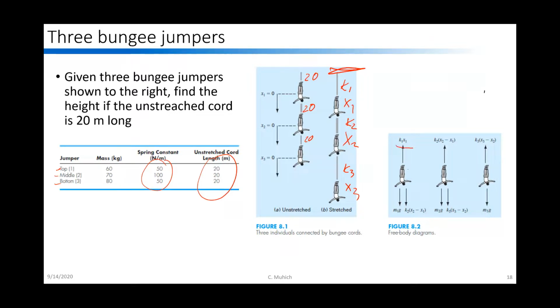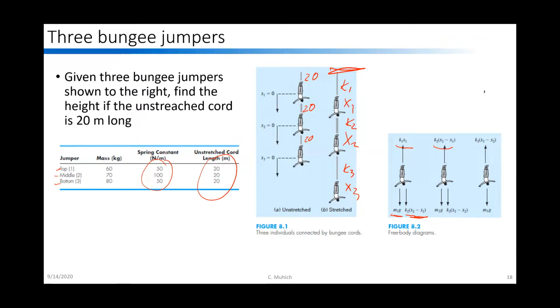The first force is K1 X1, due to the spring holding the bungee jumper up. There's his mass pulling him down, and then the force coming from the second spring that's tied to the second bungee jumper.